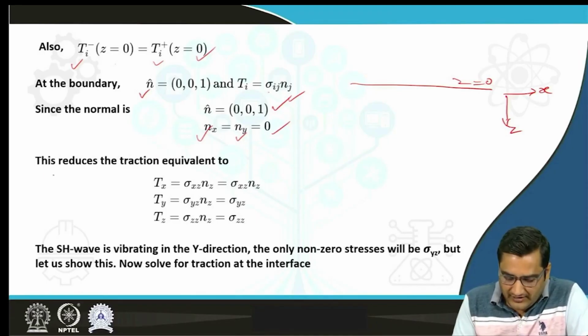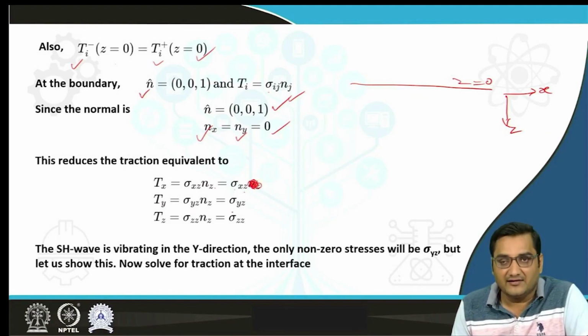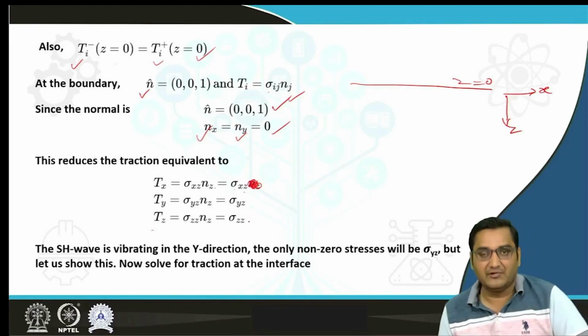So this will reduce the tractions to something like this. Tx is equal to sigma xz nz, or you can say sigma xz. And ty is equal to sigma yz nz, which is sigma yz, and tz is equal to sigma zz nz, which is sigma zz.